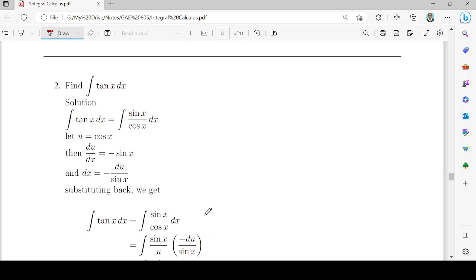Another example is when we have a quotient. A good example is the function tangent. We know that tan of x can be expressed as sine of x divided by cosine of x.